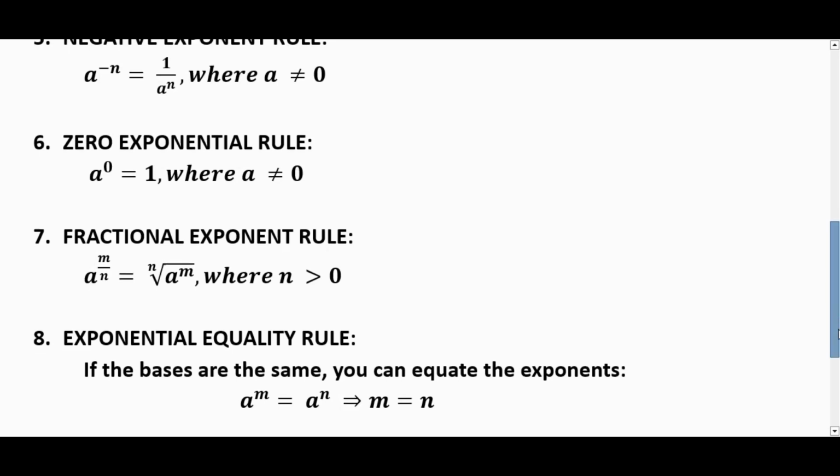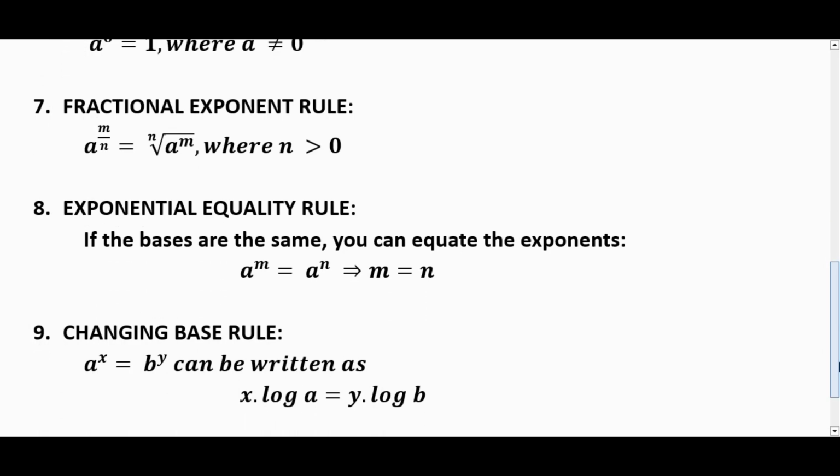Also, we have the exponential equality rule. The exponential equality rule states that if the bases are the same, you can equate the exponents. I've said that earlier. If the bases are the same, just simply equate the exponents. This states that if a is raised to the power of m equals a raised to the power of n, then equating the exponents, m is equal to n.